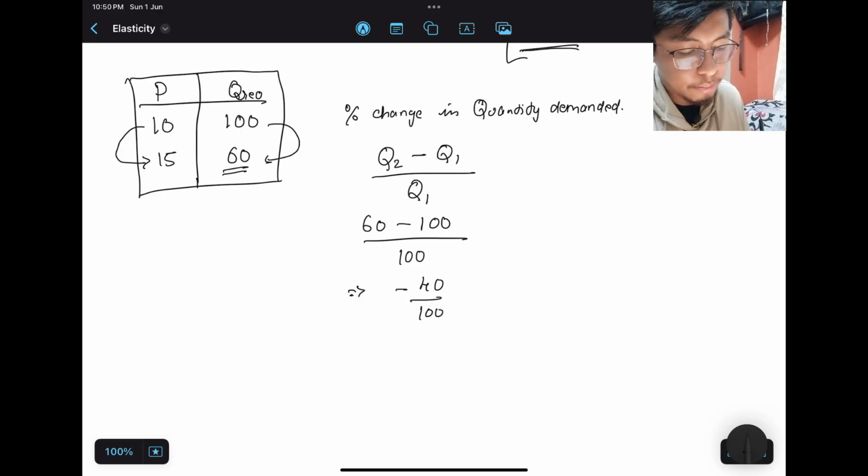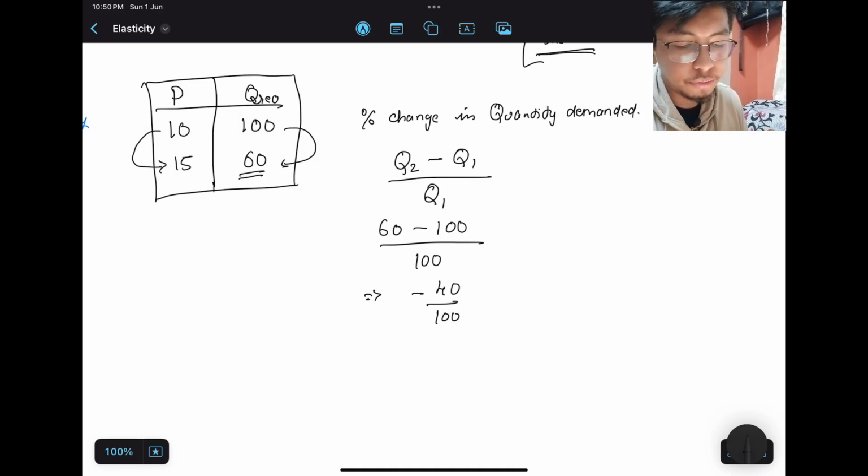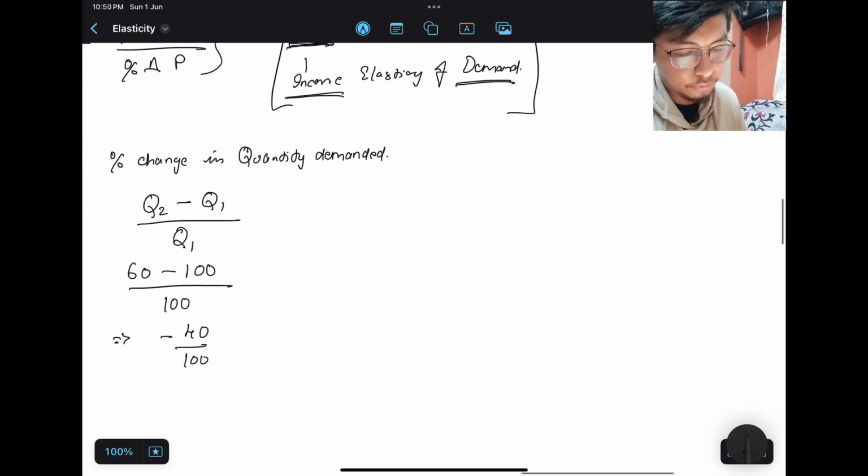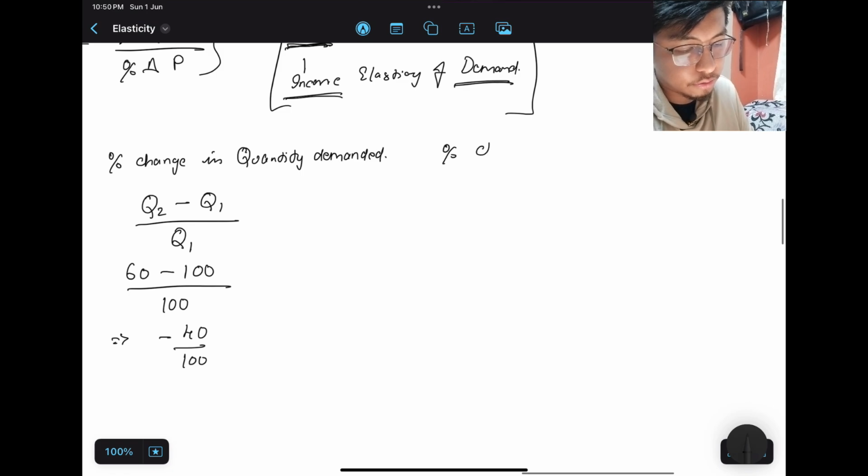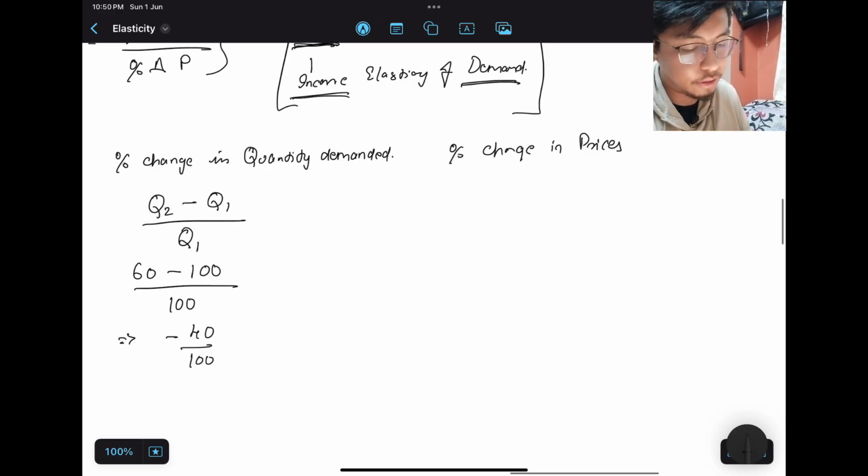Now this minus is showing the direction in which the demand is moving. It is moving opposite to your price. That's why you have a minus sign here. Now percentage change in prices is calculated again as P2 minus P1 divided by P1.